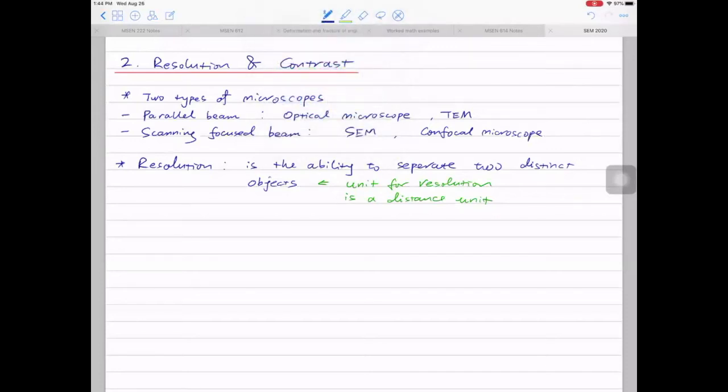If we dig in a bit deeper, there are two types of resolution. The first type we call fundamental resolution. For fundamental resolution, it is determined by physics.